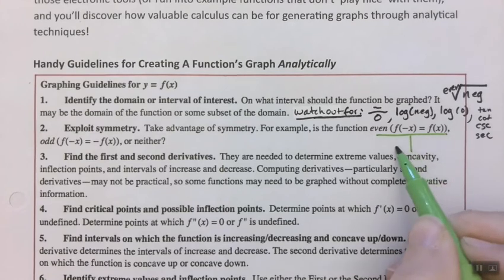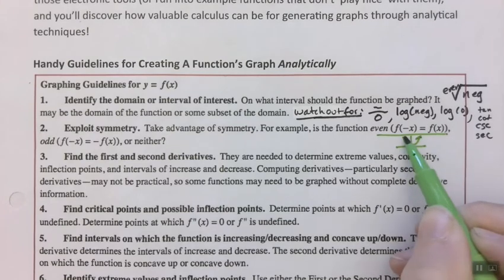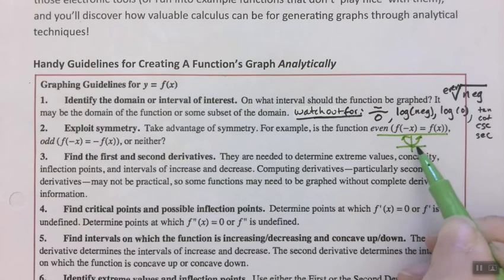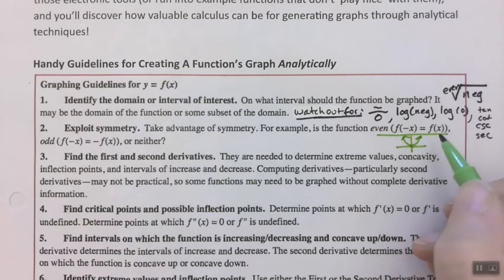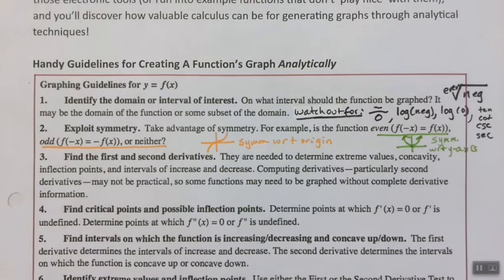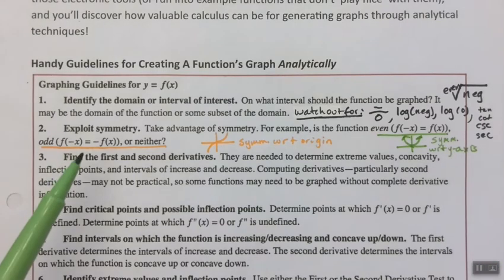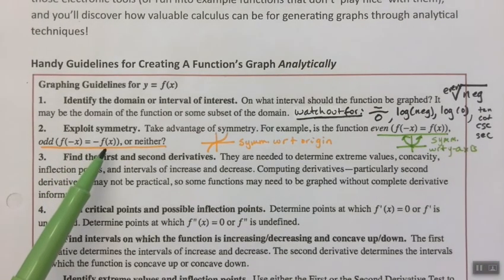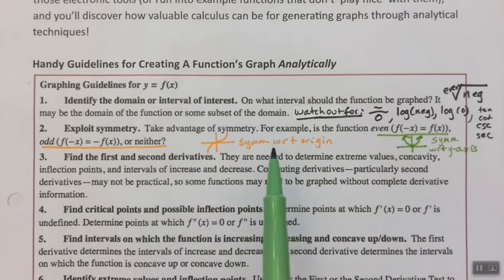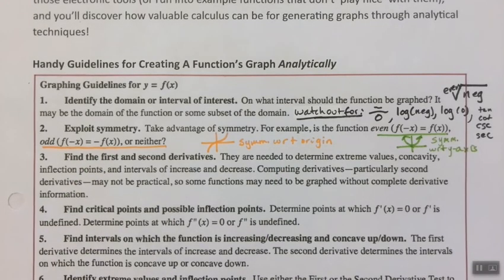The classic example of that would be an x squared function, because it's symmetric with respect to the y-axis. Meanwhile, odd means that f of negative x equals negative f of x, which means it's symmetric with respect to the origin. So the classic example of that is x cubed, but of course many functions can have that property.